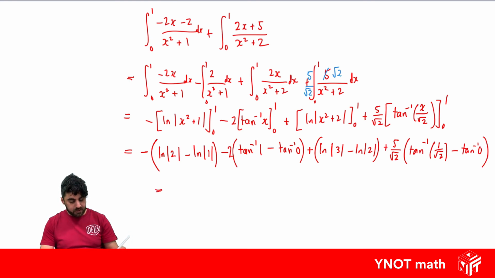So here we're going to get minus, the absolute value of 2 is just 2, so we're just going to get minus ln 2. Absolute value of 1 is 1, and the ln of 1 is 0, so that's all gone.